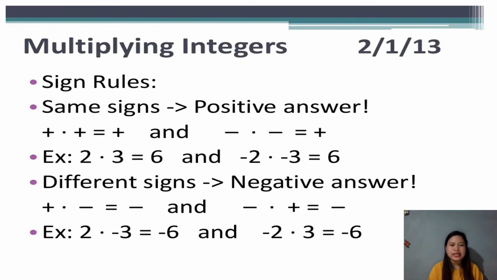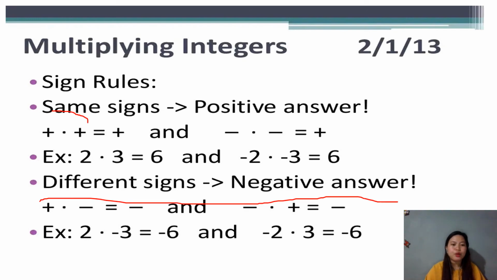Next operation is we have this multiplication, which means we will be multiplying integers. So we have this what we call sign rules. Again, we have to remember that when we multiply the same sign, the answer is positive. But when we multiply different sign, the answer is negative.